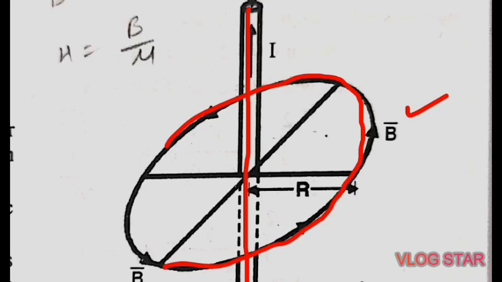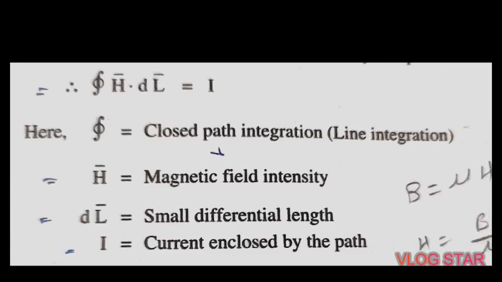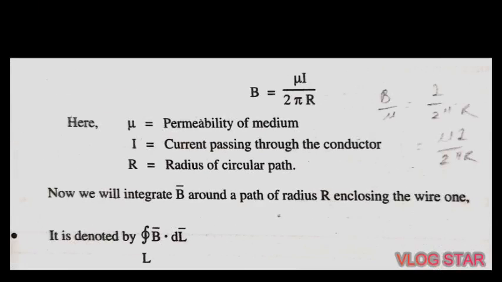Now at a distance of r from this conductor, this is the origin and this is the distance R from the conductor, the magnetic flux density is already given by the Biot-Savart law. The statement of Biot-Savart law is B is equal to mu I divided by 2 pi r.